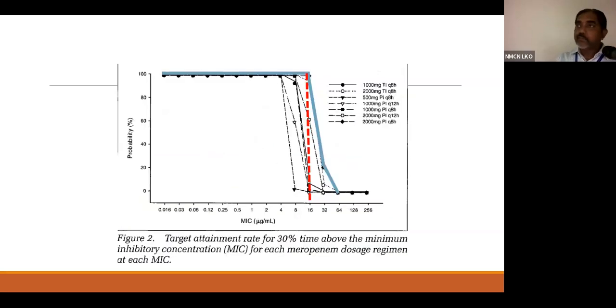And if the drug concentration remains above the MIC for more than 30% of the time, the results are better as compared to when it is there for less than 30% of time. So prolonged infusions of more than 3 hours or 6 hours have been recommended for patients who are in sepsis or septic shock with severe pneumonia.